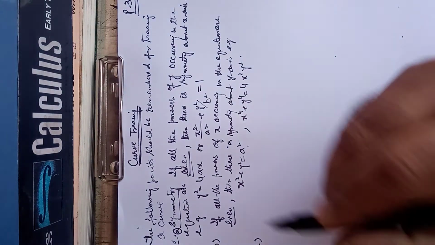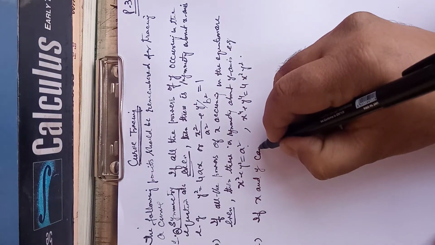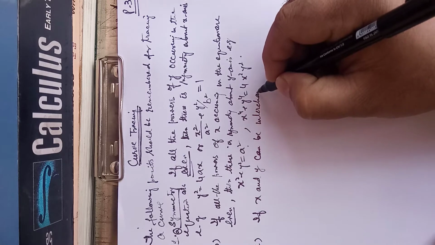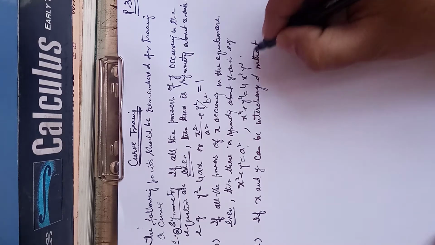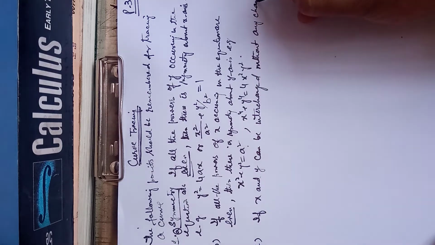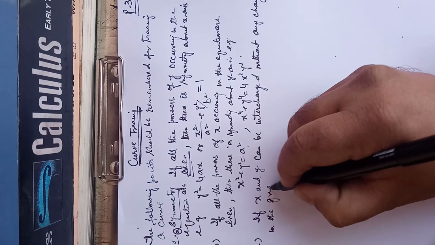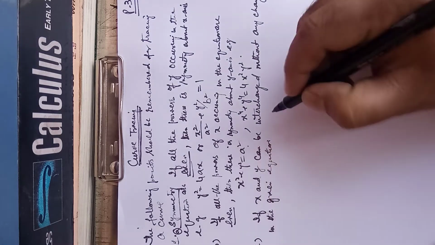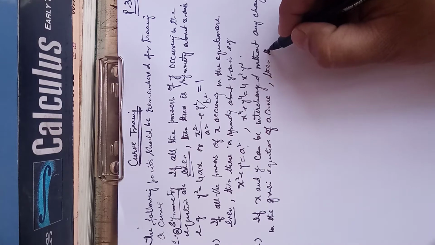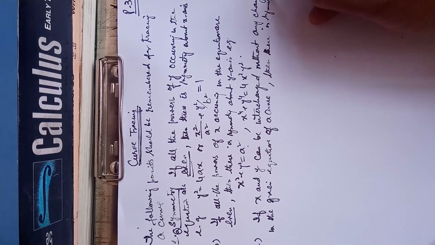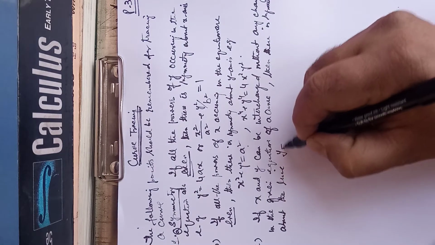See, if x and y can be interchanged without any change in the given equation of a curve, then there is symmetry about the line y equal x.